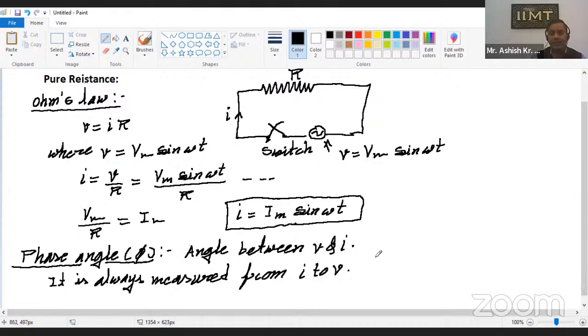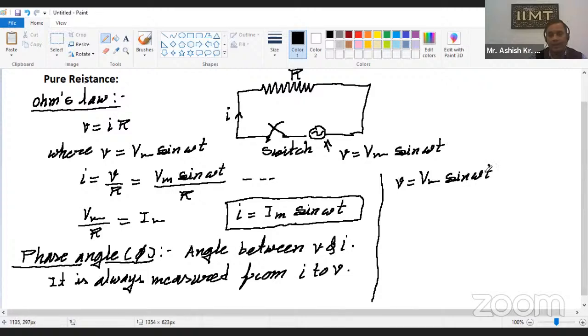For a phasor diagram, we require two terms, magnitude as well as angle. As we know, the voltage applied across the non-inductive resistance is Vm sine omega t.